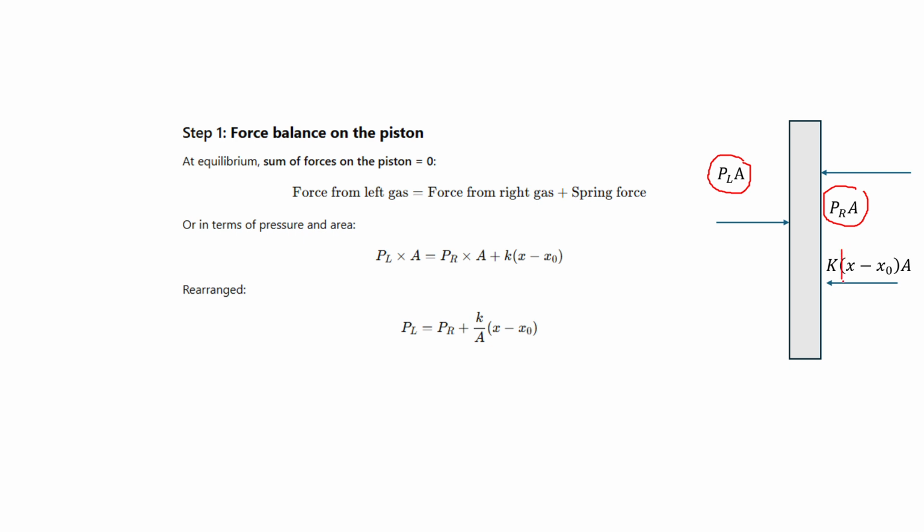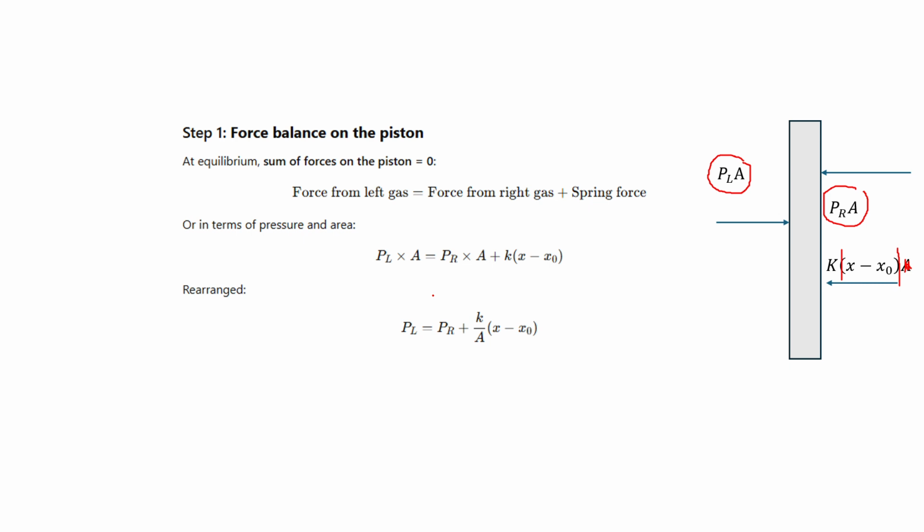Take this as the magnitude: K into the modulus of change in length, that is final length minus natural length, will be the force exerted by the spring towards the left, because the spring is elongated.